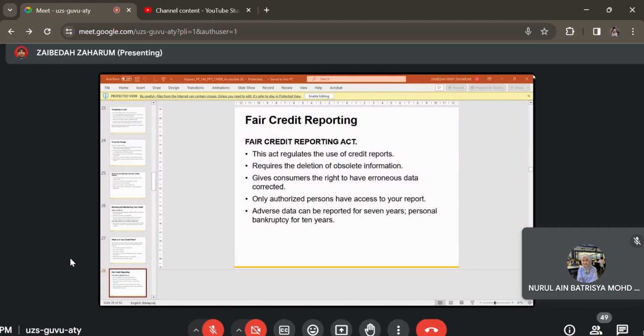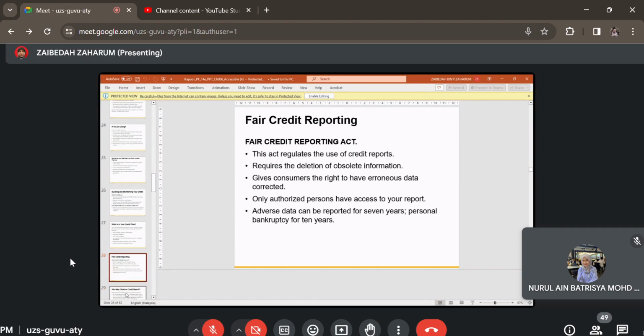Termasuklah urusan kewangan seperti pinjaman peribadi dan kredit kad. And then kita ada juga Central Bank of Malaysia. Okay. Akta Central Bank of Malaysia 2009. Di mana dalam sini undang-undang ni menetapkan peranan dan kuasa Bank Negara Malaysia dalam mengawal sektor kewangan dan memastikan kesamarataan dan keadilan dalam sistem kewangan negara. Okay.